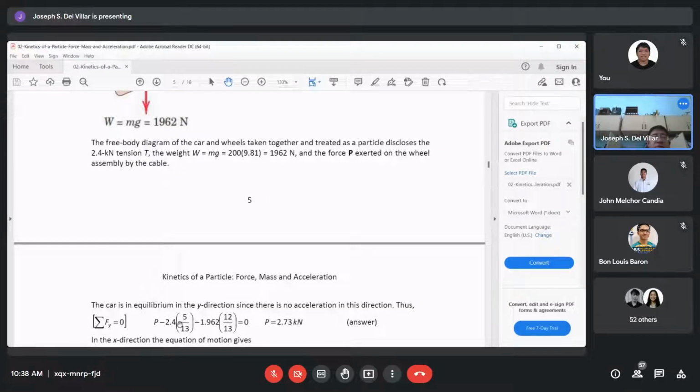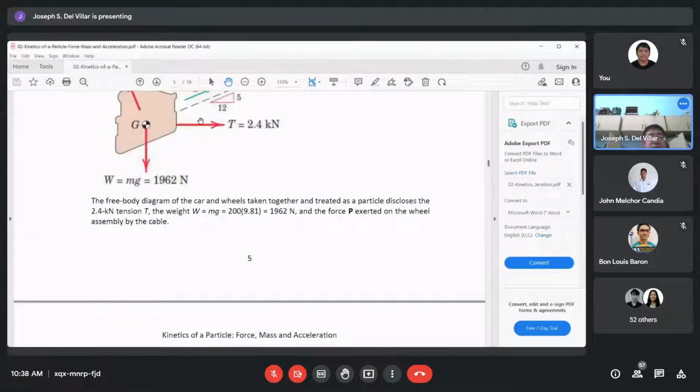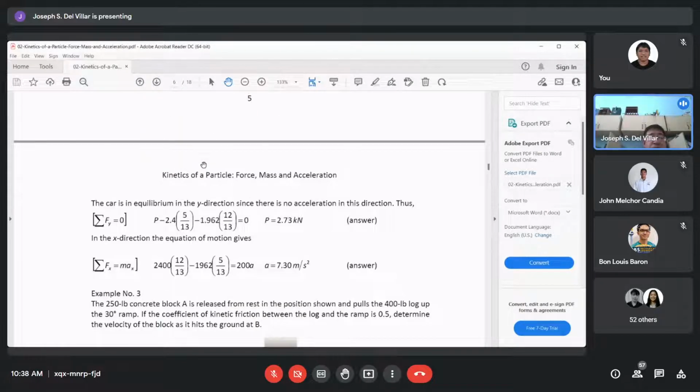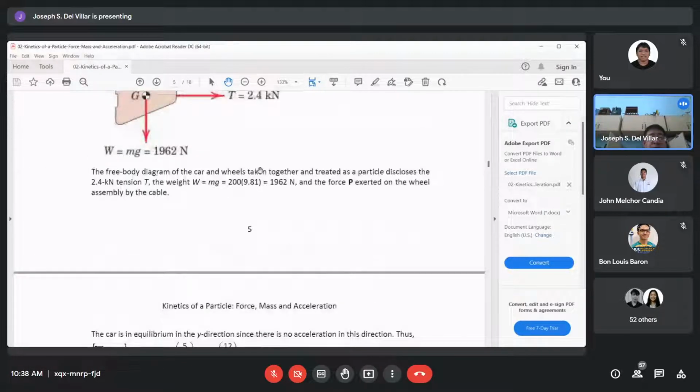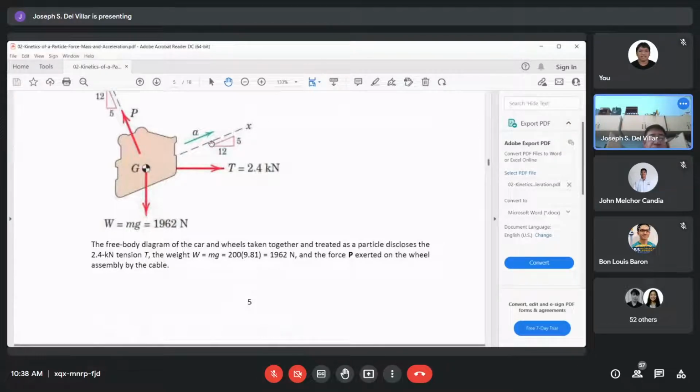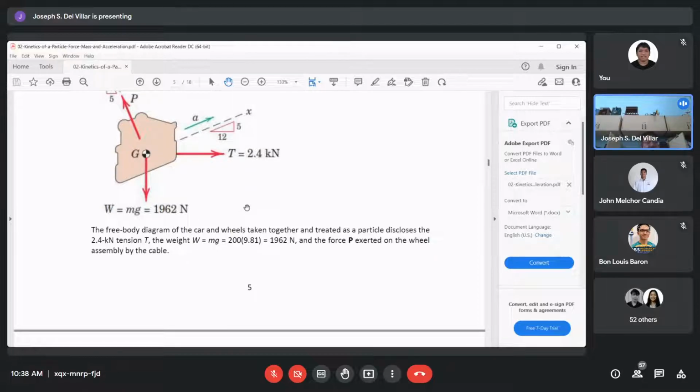Okay? So P minus 2.4 times 5 over 13 here, no? Because this is downward, no? This one, downward. Then this one is upward, the y component. Okay, and this one, its y component is here, no?